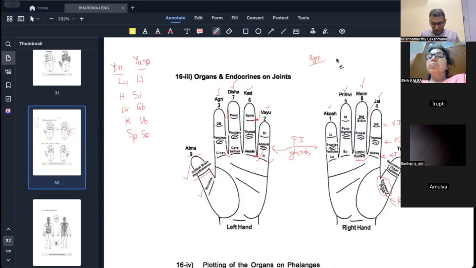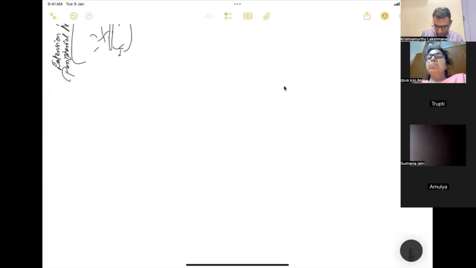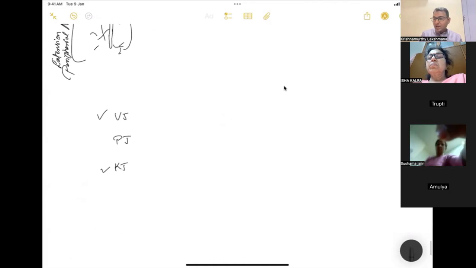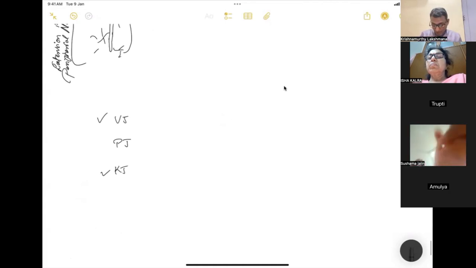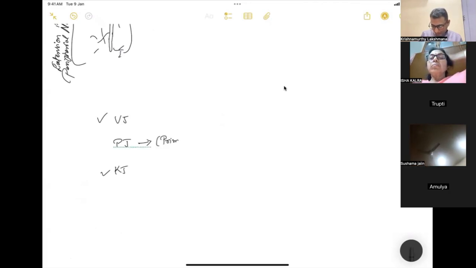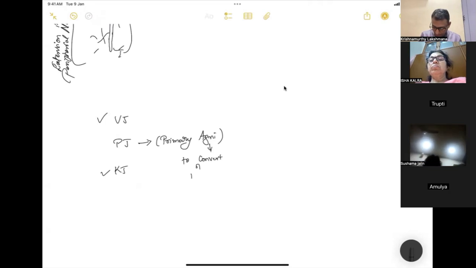So we have done Vat joint and we have done Kapha joint. Now we have to plot the Pitta joint. So Pitta is associated with, primary is Agni. And the work of the Agni is to convert or transform.